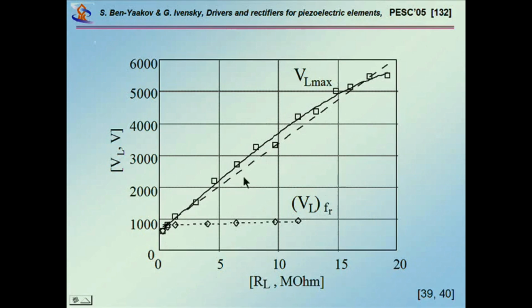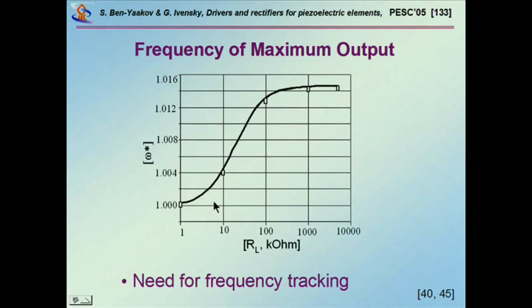Now, you get this curve only if you adjust the frequency. This is what we just talked about. If the frequency is kept constant, that's all you get. So you really have to be very careful to adjust the frequency.